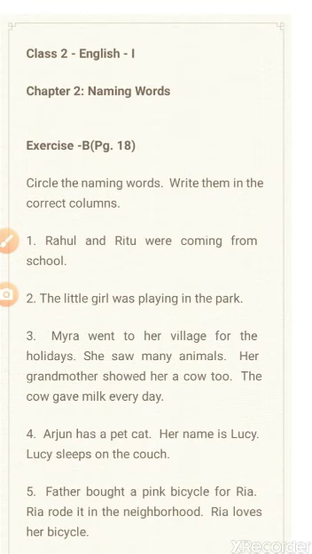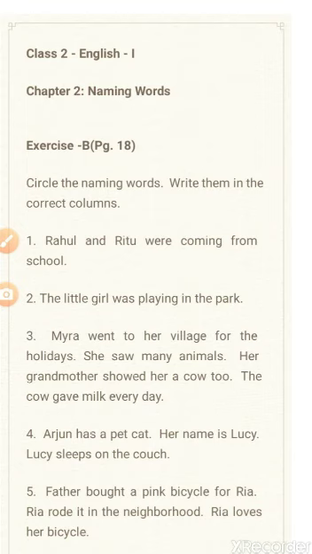Now look at the word neighborhood. Neighborhood is the area or the place where many people live together. Many houses you see around your house. That place is called a neighborhood. So it's a name given to that place. So neighborhood is a name of a place. So neighborhood is a naming word. Circle it and write it in the places column.